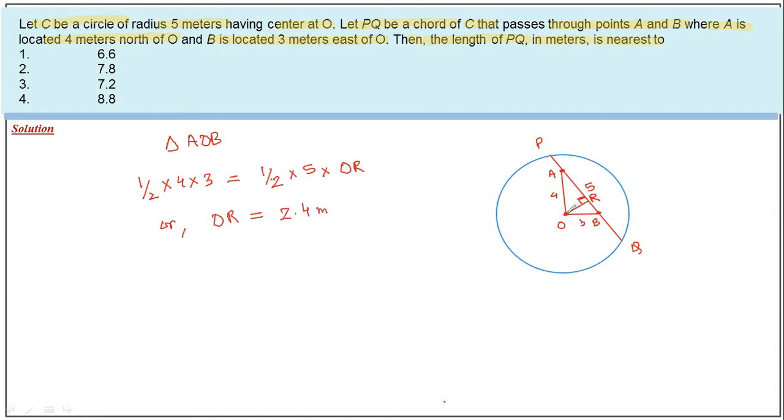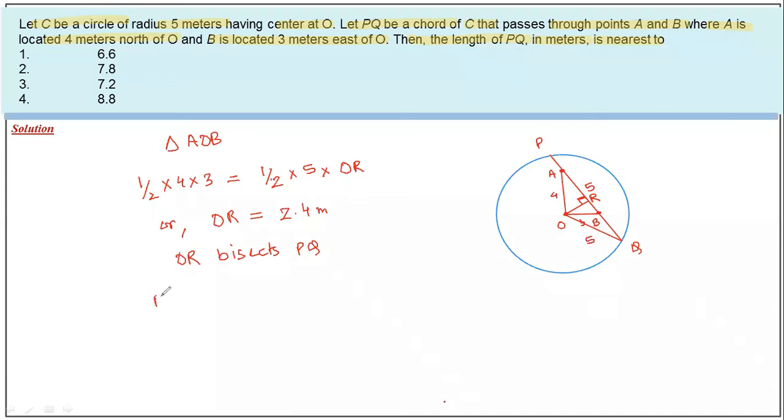Now we know that this is the center and PQ is the chord. So OR bisects the chord PQ. Next, if we join O and Q, so OQ is the radius, which is given as 5.